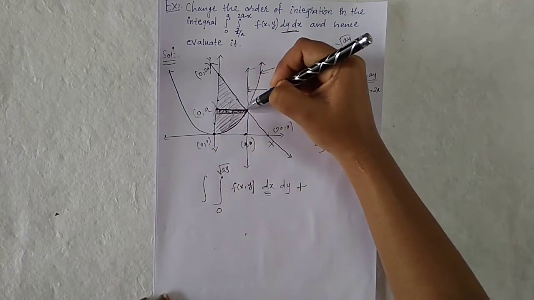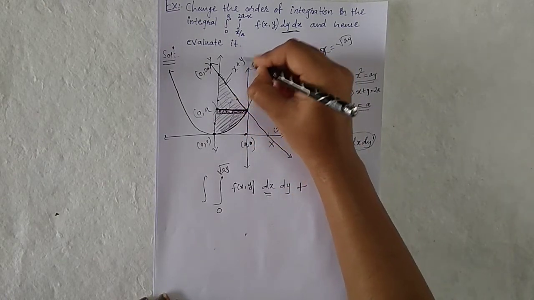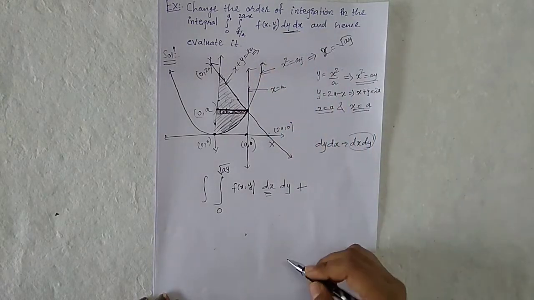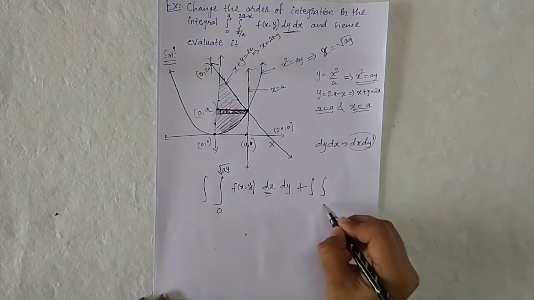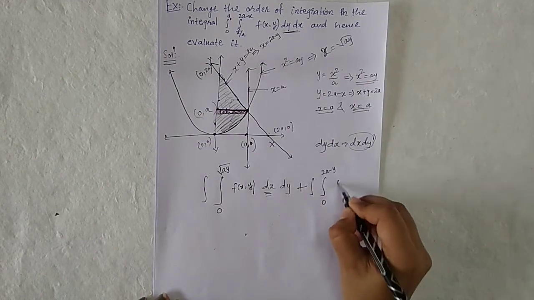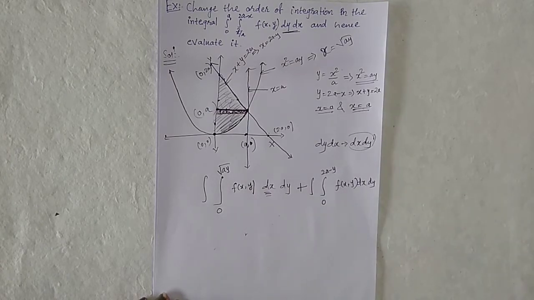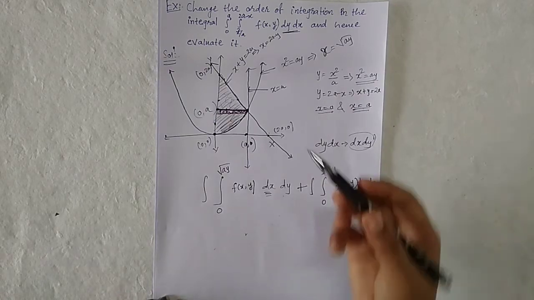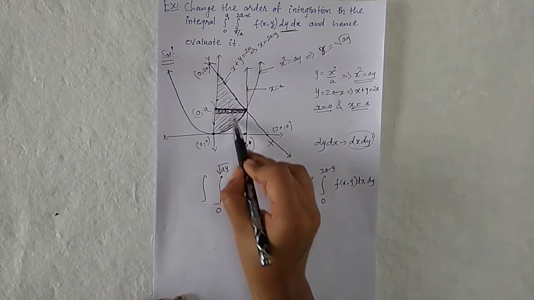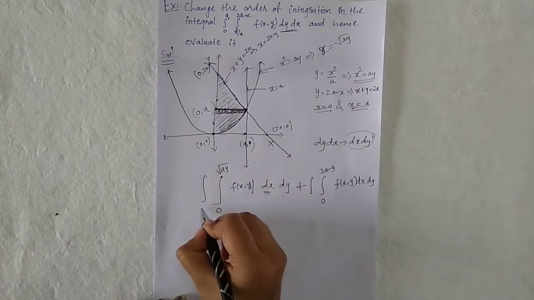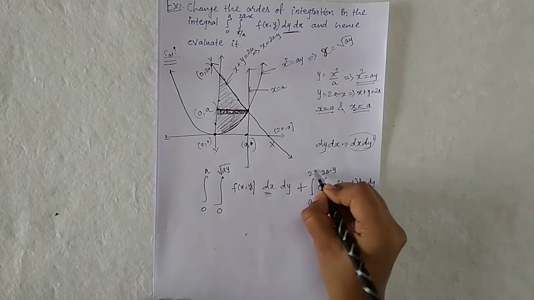The equation of this line is x plus y is equal to 2a, which implies that x is equal to 2a minus y. So here 0 to 2a minus y of function f of xy dx dy, and the limit of y is 0 to a in this portion, 0 to a, and here a to 2a.